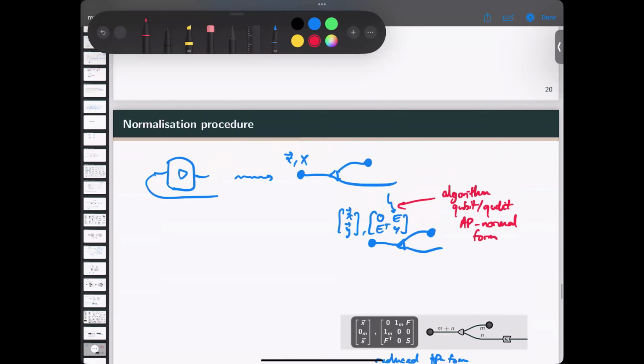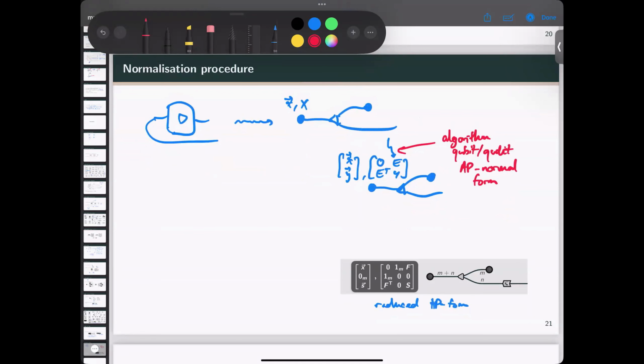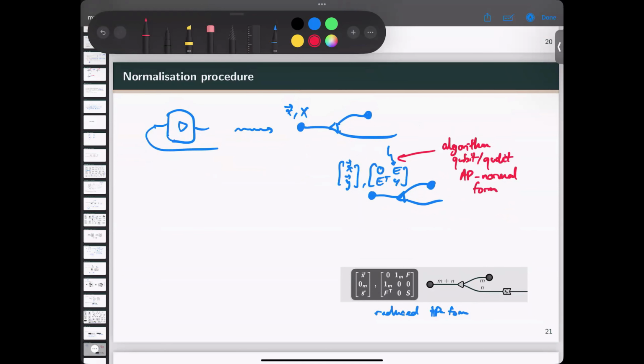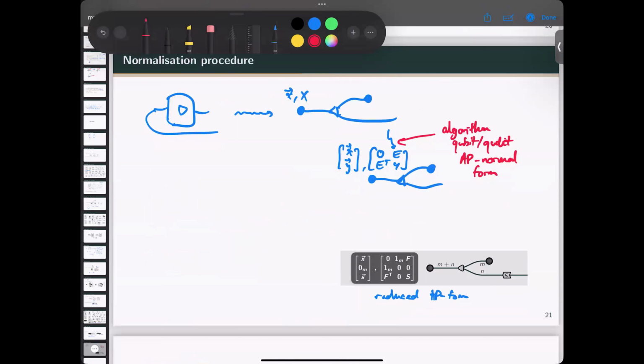If you work in specific fields, say the real numbers, then things like the singular value decomposition give you an easy way to turn your matrix into the direct sum of an invertible one and the 0 matrix, and then you can just do this thing straight up. But in general, I couldn't find a way to avoid that. Does that answer your question, John? Yeah, I think so. Perfect.